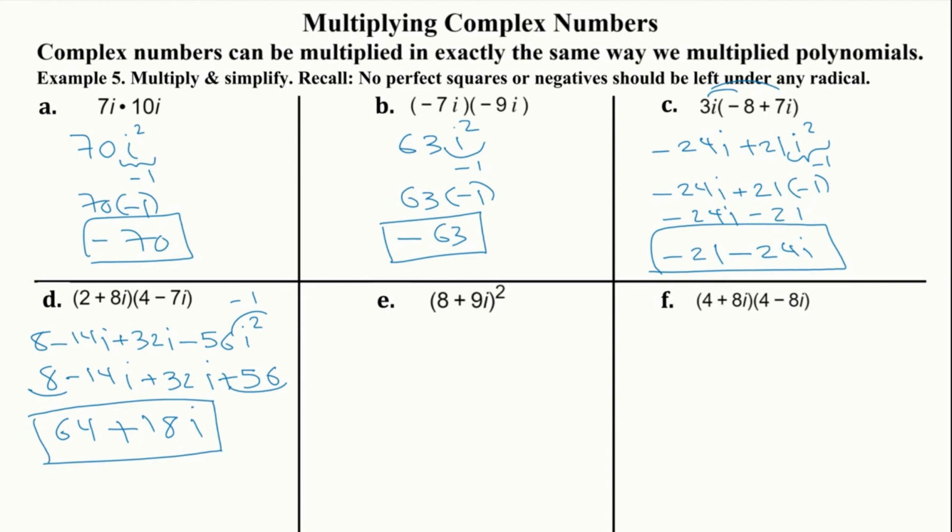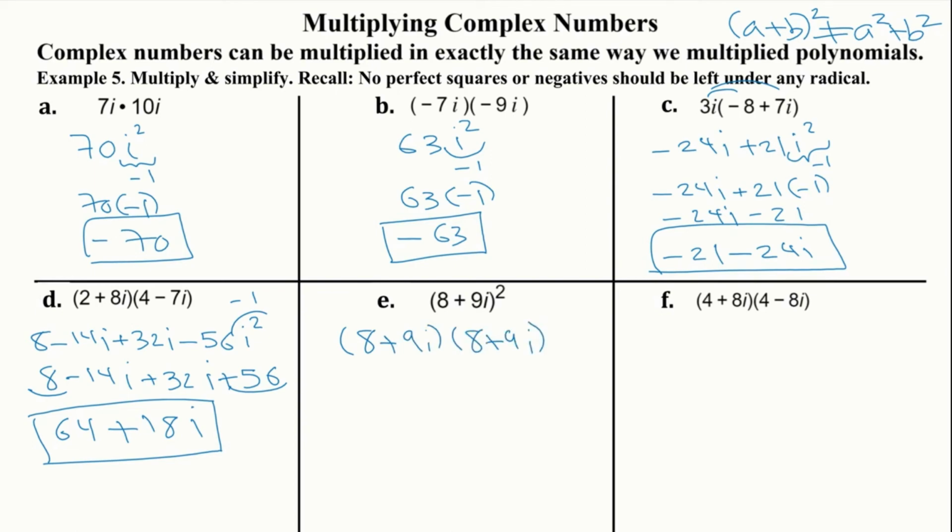Here, of course, we remember that (a plus b) squared is not a squared plus b squared. Remember that. These you have to write out and distribute. So 8 plus 9i times 8 plus 9i.